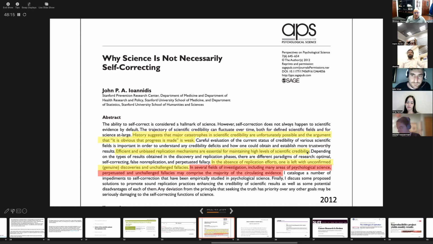In several fields of investigation, including many areas of psychological science, perpetuated and unchallenged fallacies may comprise the majority of the circulating evidence. He's even going as far to say that there are some fields that are based on wrong ideas, the whole field.